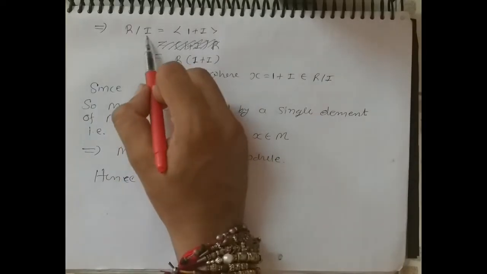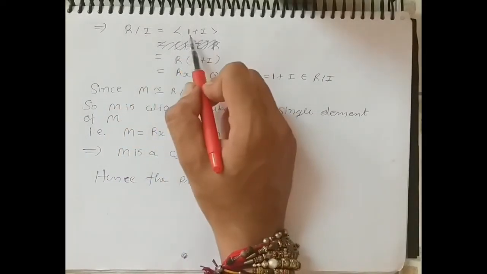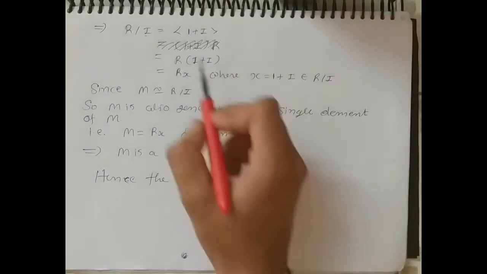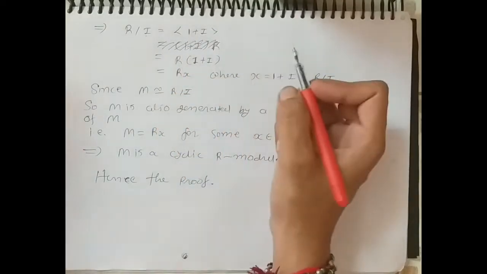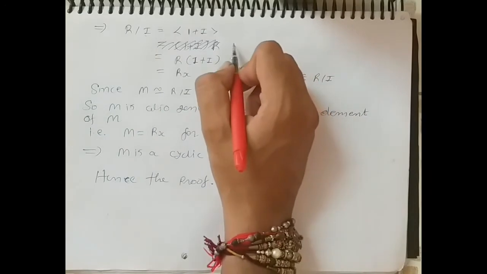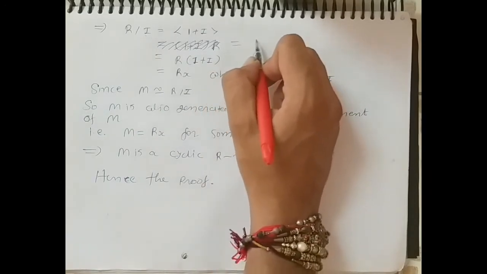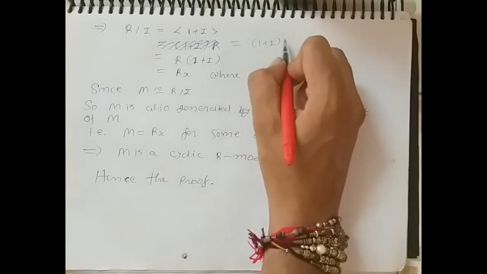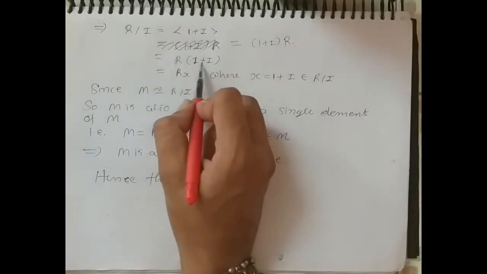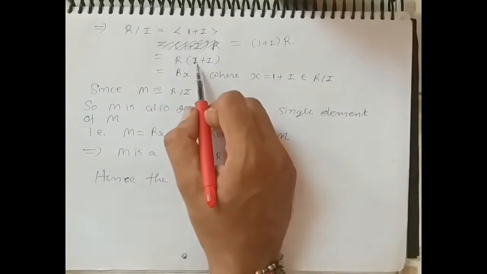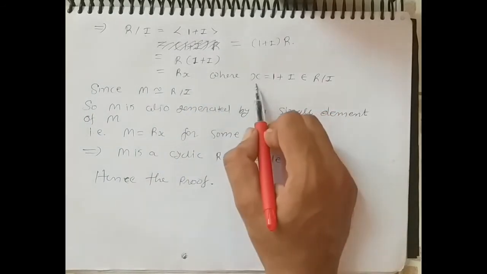So R quotient I is generated by element 1 plus I. So this can be written as, left ideal we have considered, okay, so this can be written as 1 plus I into R. So this can also be written as R into 1 plus I. Now 1 plus I can be taken as x.